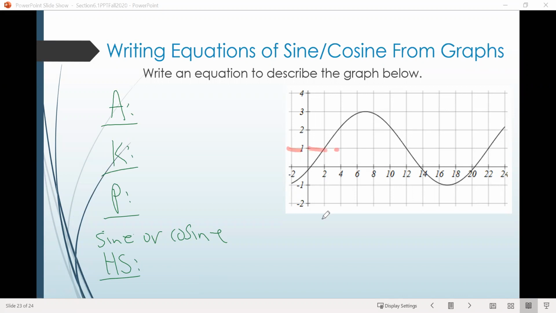Looks like it would be right here in the middle there. So it looks like that is at a value of +1. And then we can figure out the amplitude, so how much we're going above or below that. It looks like in both cases we're going 2 units.